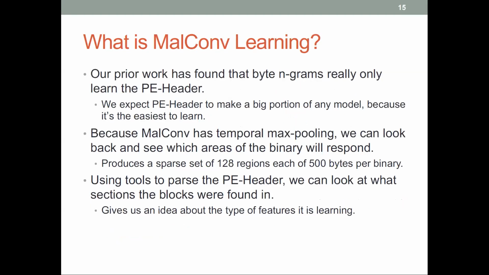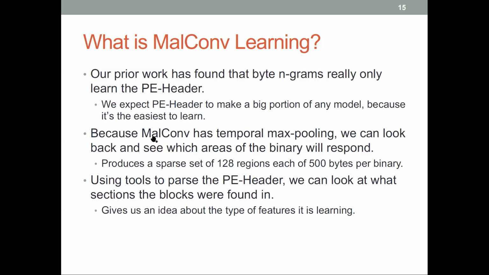Now, what is MalConv learning? The prior work of these authors has reported that byte n-grams models really only learn the PE header. Similarly, they expect the PE header to make up a big portion of any model because it's easiest to learn. It's very structured and it contains a lot of useful information regarding the nature of binaries.